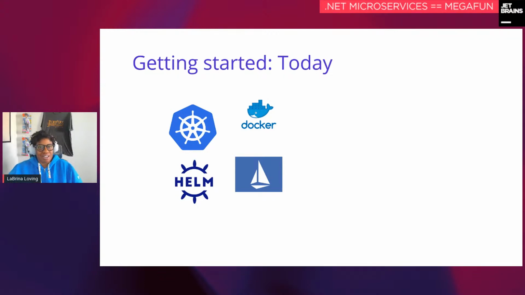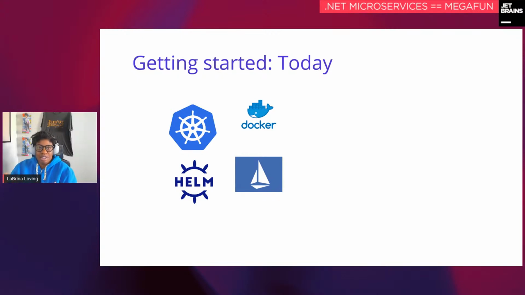So you have to learn Docker. For every microservice that I create, I have to create a Dockerfile. I have to do things like Docker Compose. If I have multiple services that need to talk to each other, I have to learn Kubernetes because now I have to deploy and do orchestration.